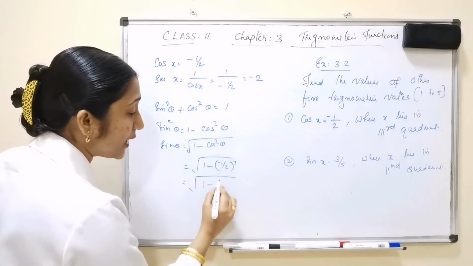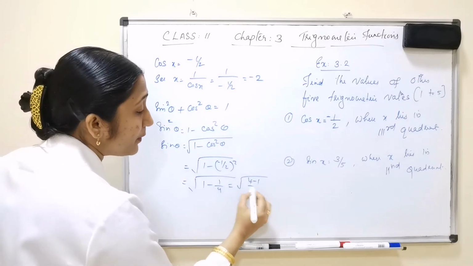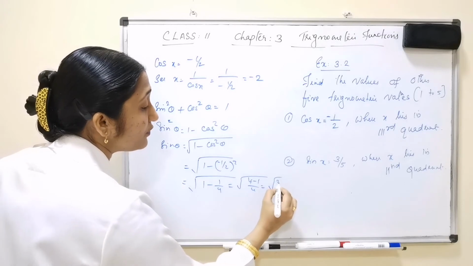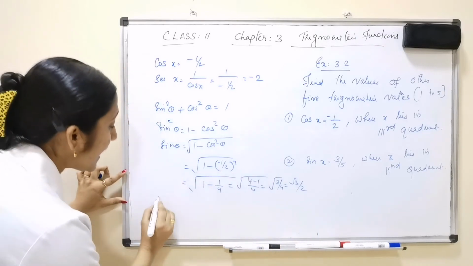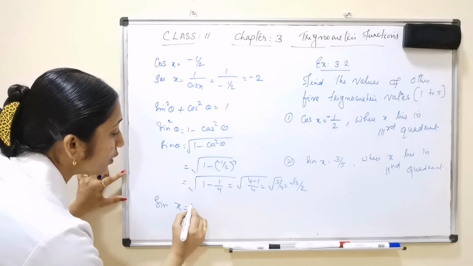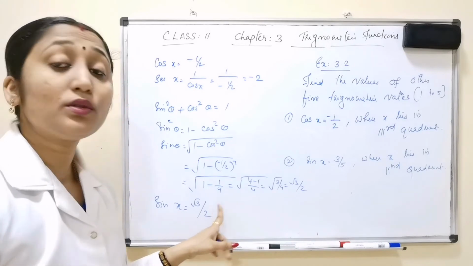Minus square means plus, so 1 minus 1 by 4, which is 4 minus 1 by 4, the square root of 3 by 4, which is root 3 by 2. So sine x is root 3 by 2.